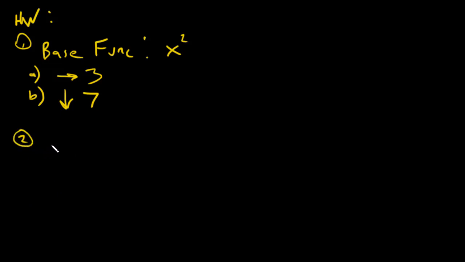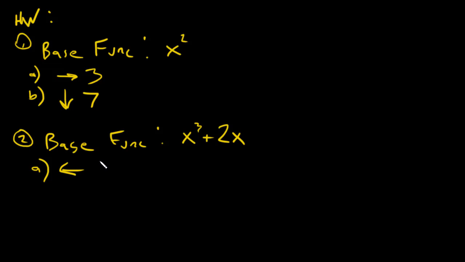Number 2, the base function is going to be, let's say, x cubed plus 2x. Part A, go left by 5. Part B, go up by 13. Last but not least, number 3.